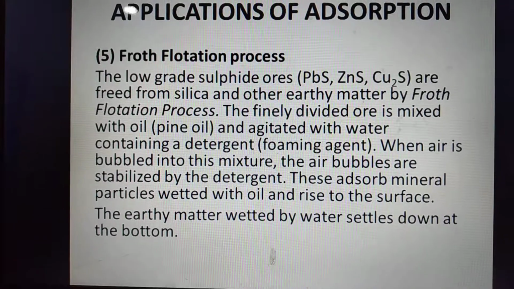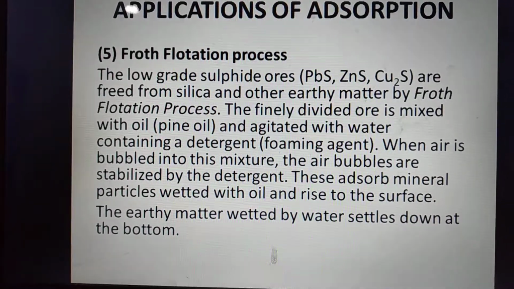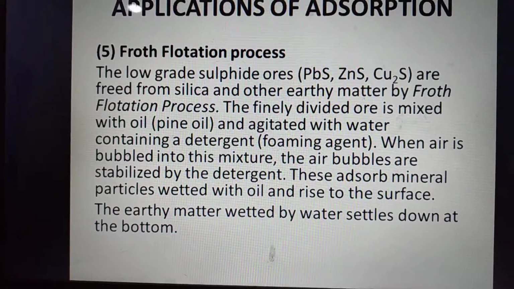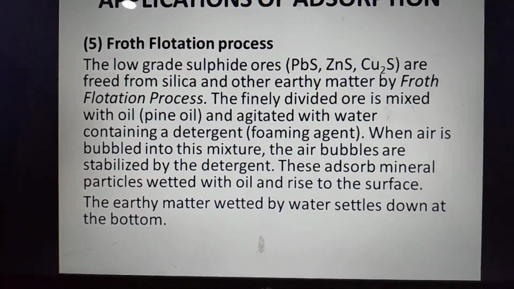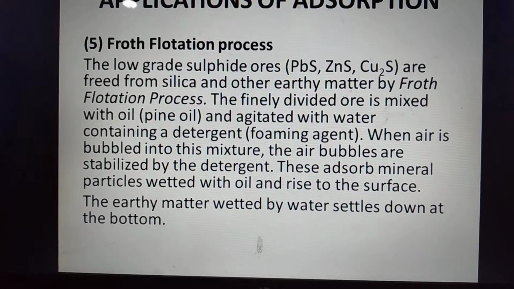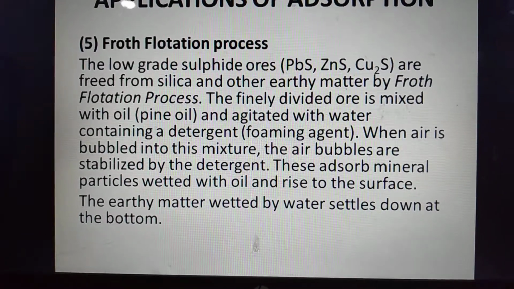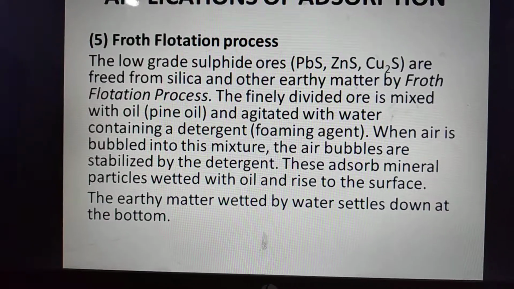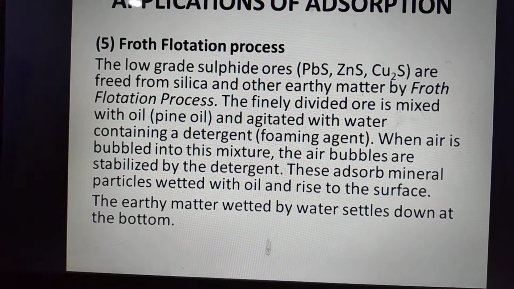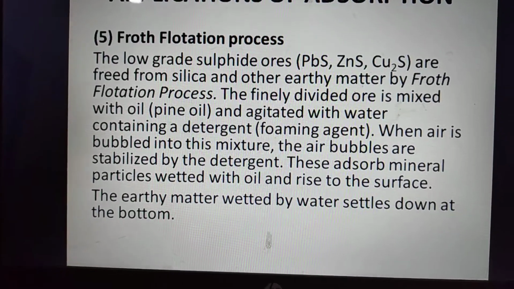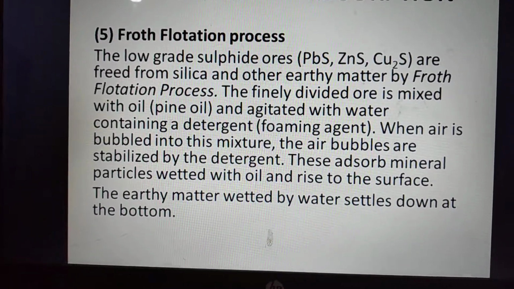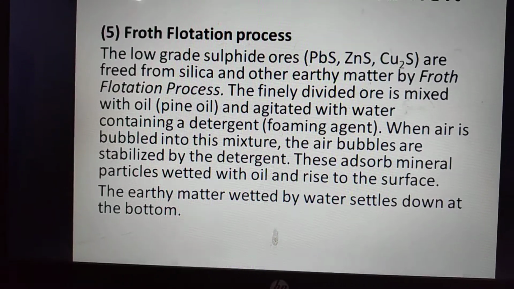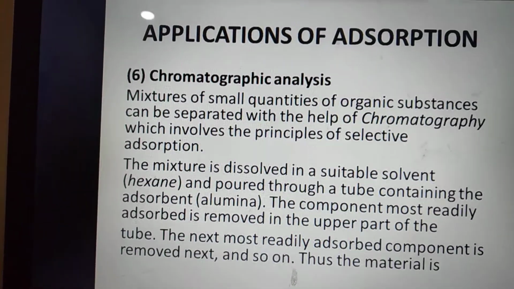The finely divided ore is mixed with pine oil and agitated with water containing detergent, which are foaming agents. When air is bubbled into this mixture, the air bubbles are stabilized by the detergent and they carry mineral particles wetted with oil to the surface, while the earthy matter wetted by water settles at the bottom.